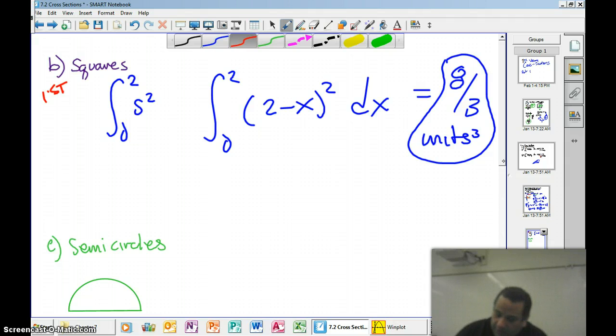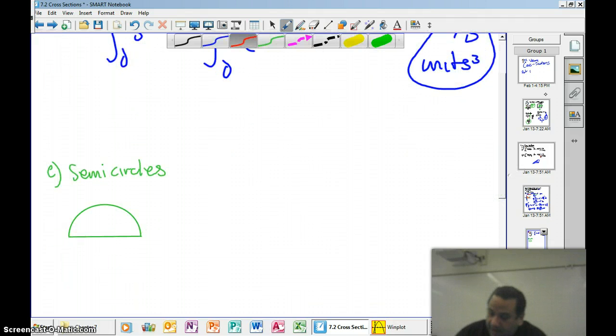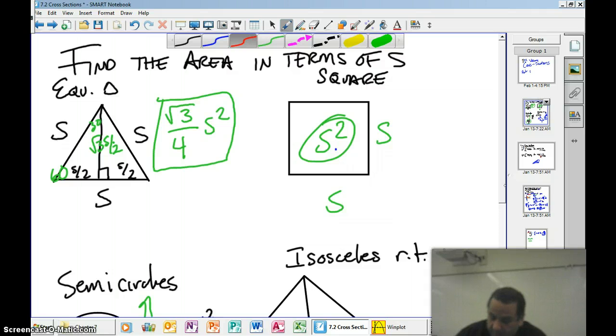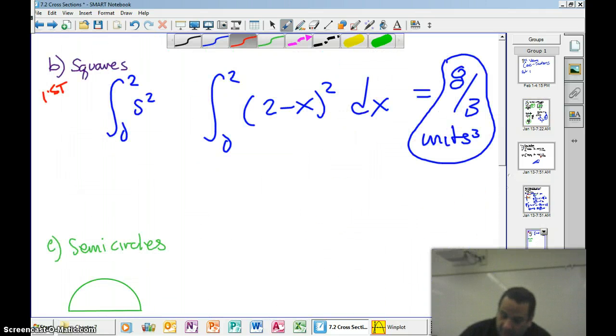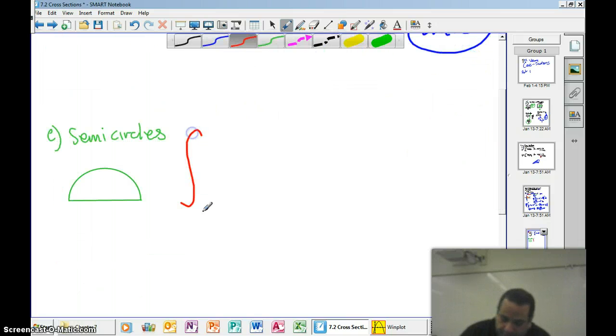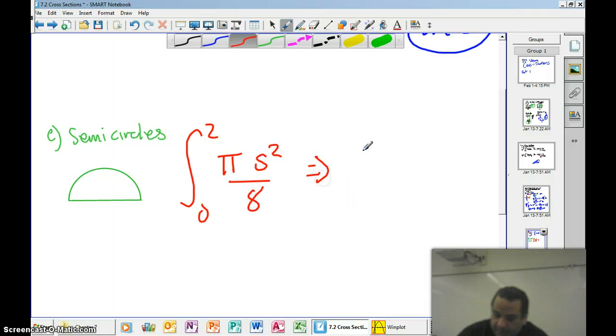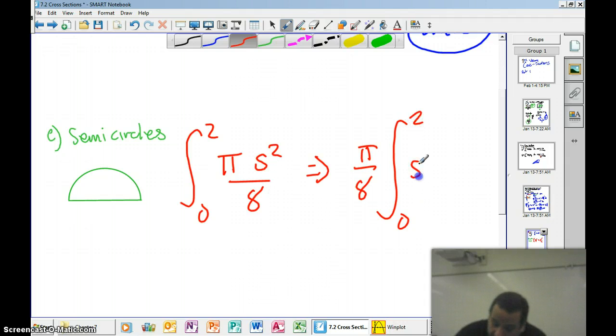Look at the semicircles. When I do semicircles, we go back to the formula, just to remind you. The semicircles is pi s squared over 8. So this is going to be from 0 to 2, pi s squared over 8. So let's make that look nice. It's going to be pi over 8 on the outside, because you could bring those numbers to the outside, and then you'll have s squared on the inside.